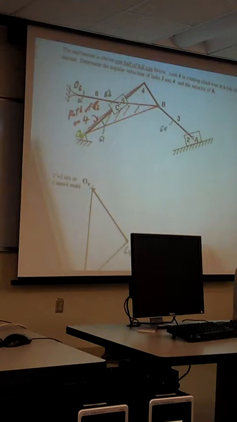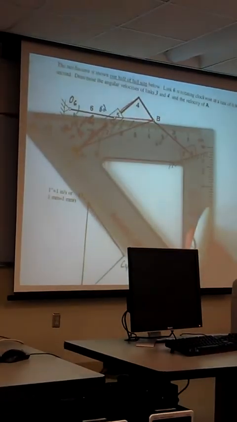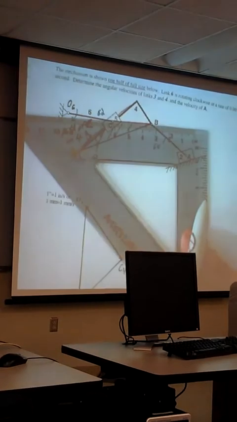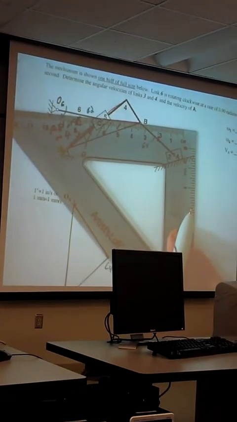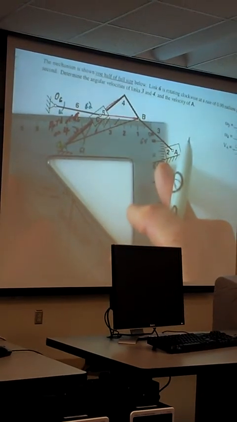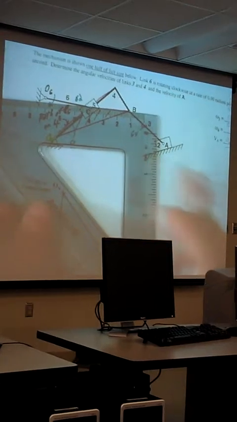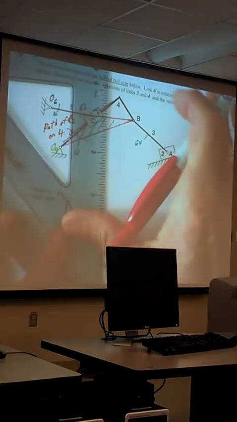The other two, we're going to draw lines perpendicular to the other two sides and make them go through the correct points. So perpendicular to CB, and it's going to go through C4 because we're talking body 4.